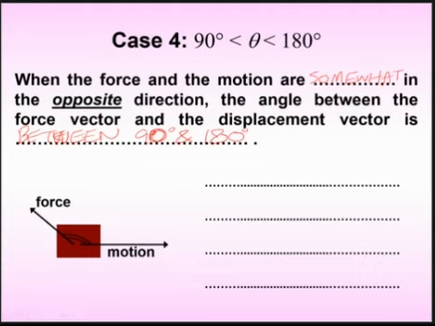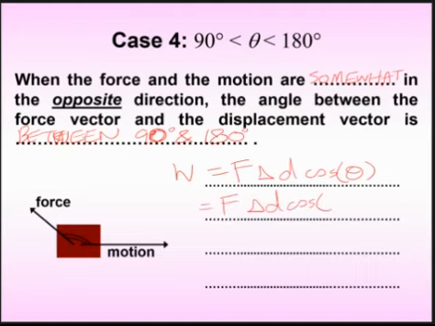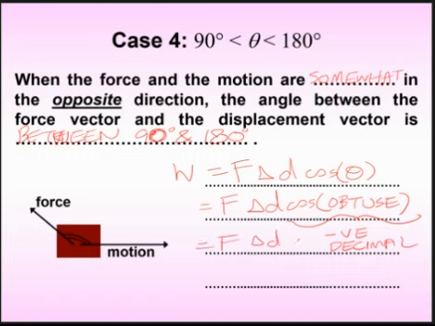So W equals F delta D cosine of theta, but it's got to be equal to what? F delta D cosine of obtuse, which means what? What are you going to get now? Again, sorry. This part is negative decimal. That's what we're going to multiply with. So it's equal F delta D times this, which means what?